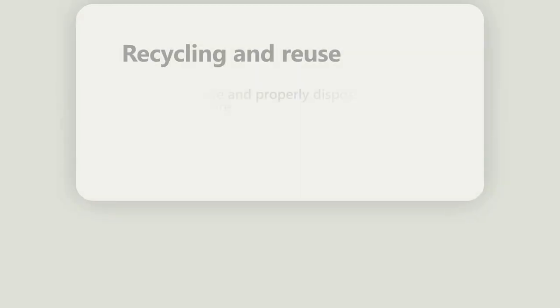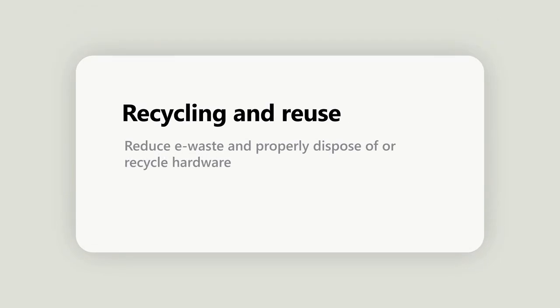Beyond traditional energy efficiency measures, organizations can also explore and implement eco-friendly technologies that further reduce the environmental impact of on-premises infrastructure. Implementing a comprehensive recycling and reuse program for obsolete or end-of-life hardware can significantly reduce electronic waste and its associated environmental impact.